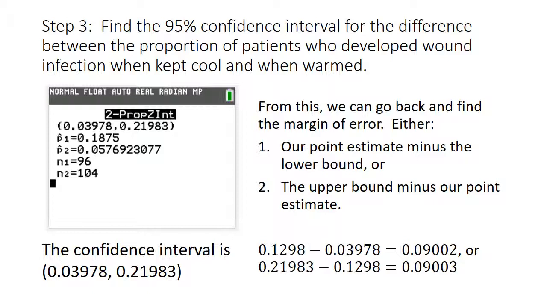Now you notice when you subtract, you may not get exactly the same thing. That just has to do with rounding. You should get very close values, and Hawks gives a little leeway. So if you're a little bit off, it'll still take it. So either one of those is fine. You can go halfway in between, but there's your margin of error. 9 percentage points.